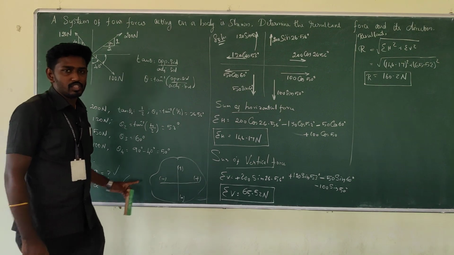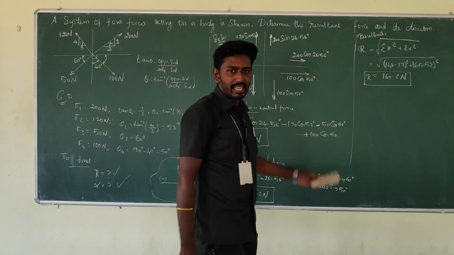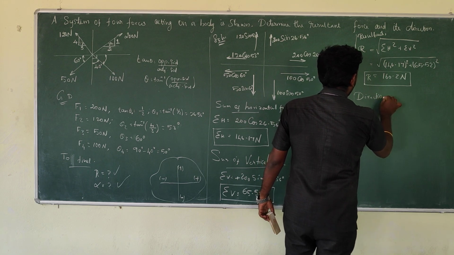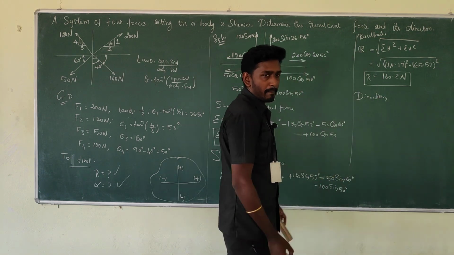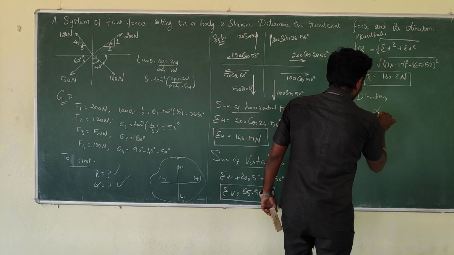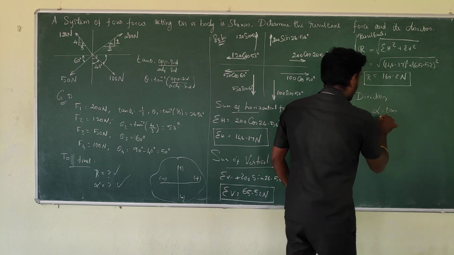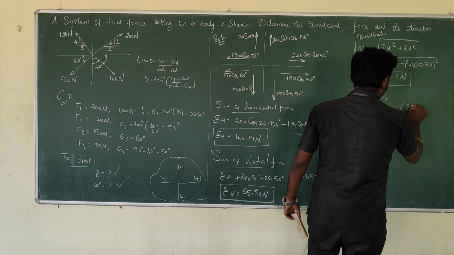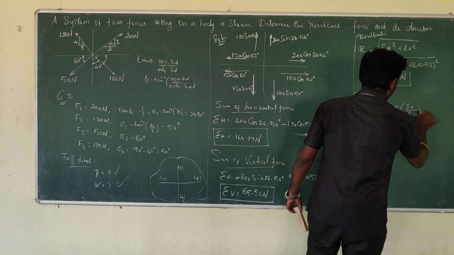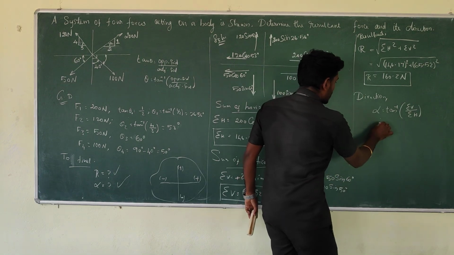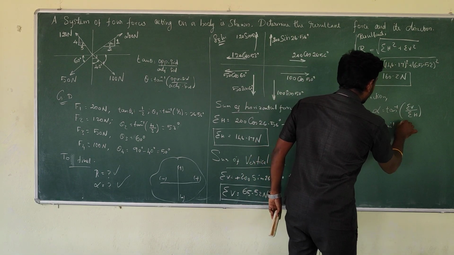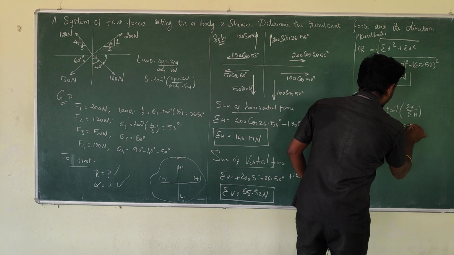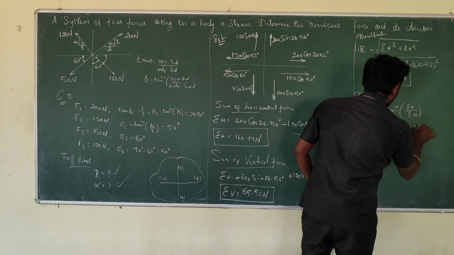Direction. That means inclination of the resultant. How will you find it? What is the formula? Direction alpha is equal to tan inverse of summation of V divided by summation of H. Just substitute the value. Here summation of V is 65.52.